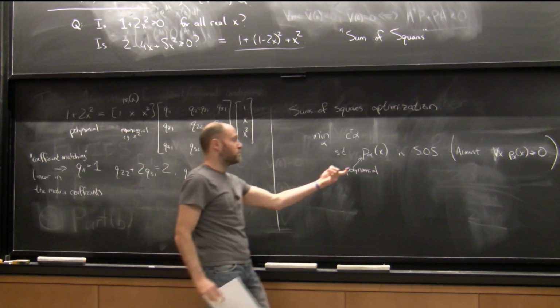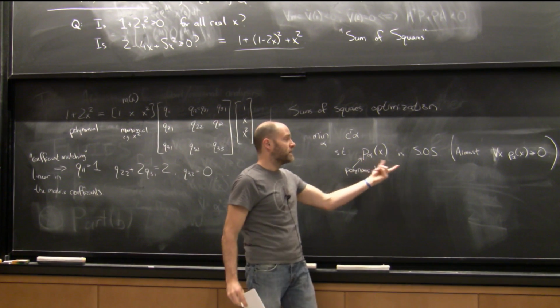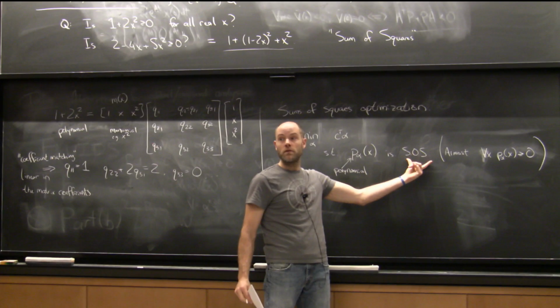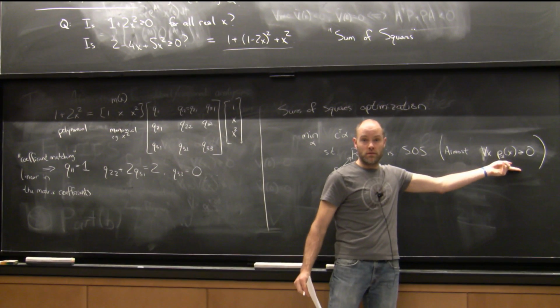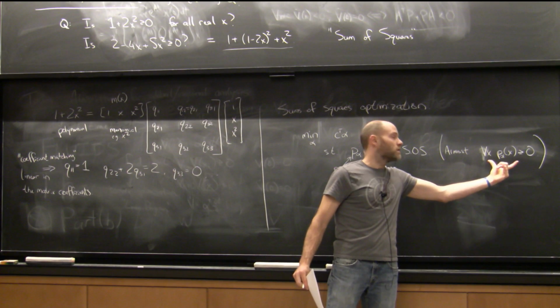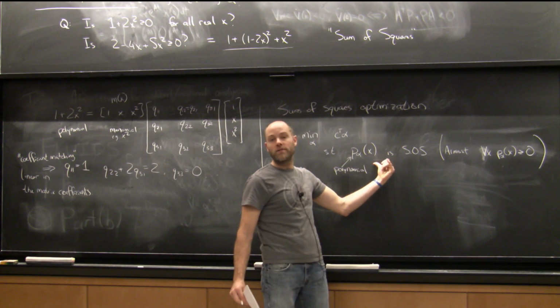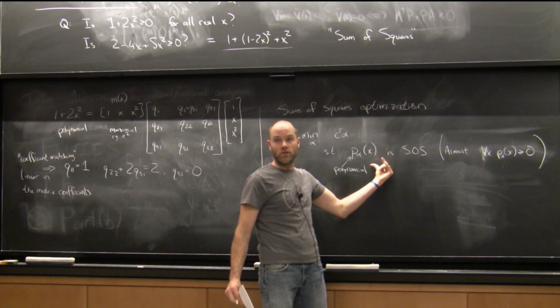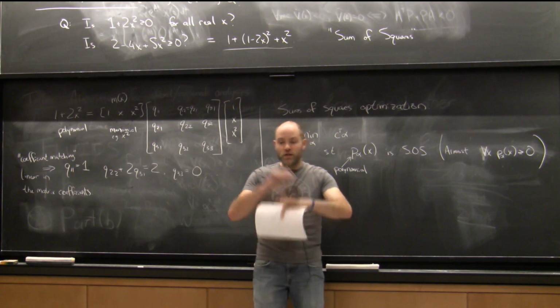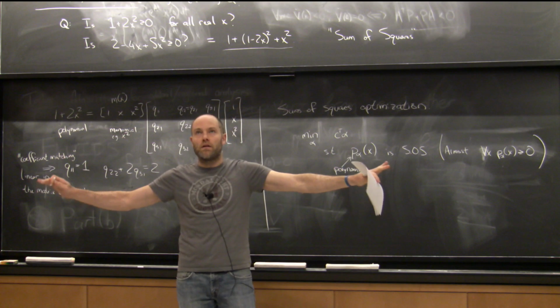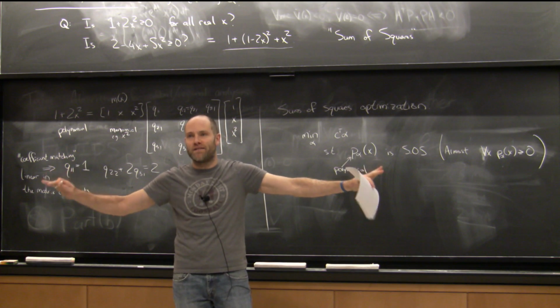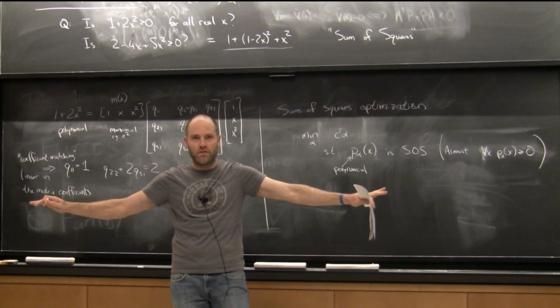Certainly, if I can prove that p of x is a sum of squares, then this is also true. This direction is not the same. It's not quite identical. There are functions that are positive everywhere that cannot be proven to be positive by sums of squares decomposition.